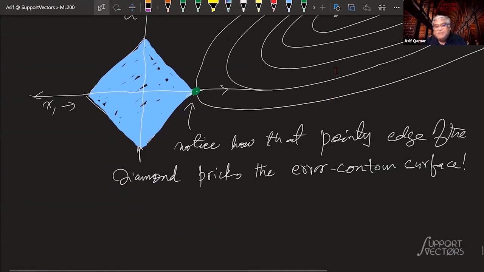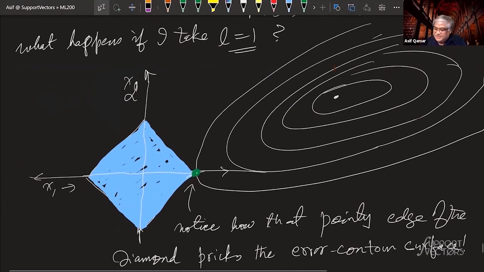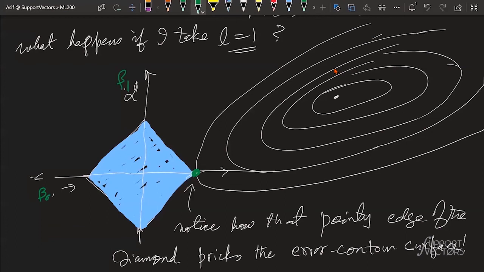And so what happens when it hits it? What is the value? By the way, this is not x1, x2, I apologize. Remember, we are in the parameter space. This is beta naught, beta 1 in this space. So at this point, what is beta 1? It is 1, 0, right?